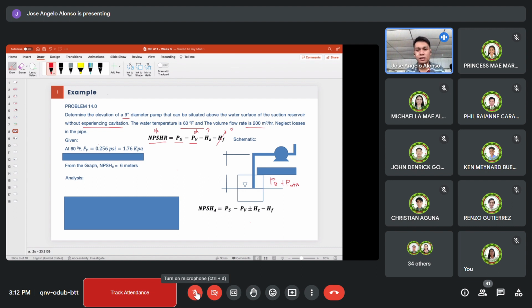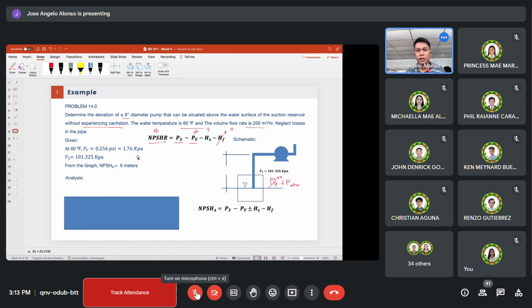So kapag gauge pressure is 0, then absolute pressure natin is the atmospheric pressure. So in metric unit, ang ating atmospheric pressure is 101.325 kPa. So kompleto na tayo ng values, kompleto na tayo ng data.